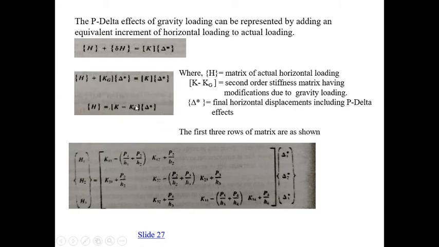Okay, so this is the equation you will be getting. That is a matrix of actual horizontal loading, which will be equal to matrix of K minus Kg into matrix of delta star. Right?